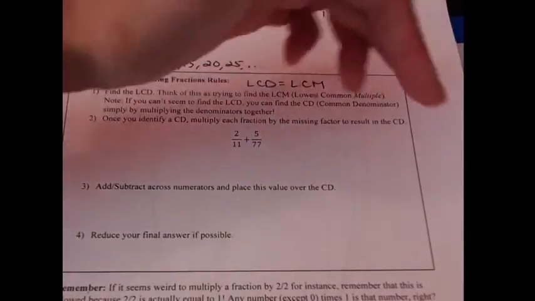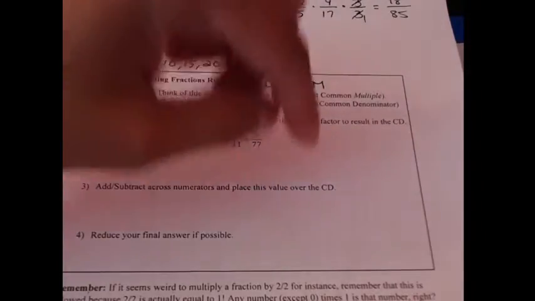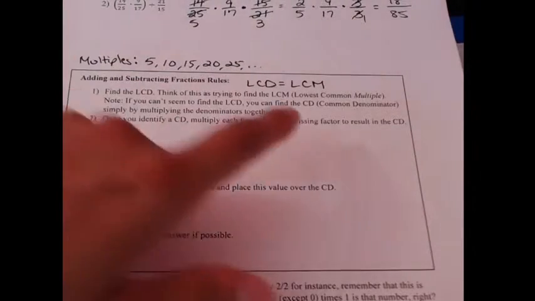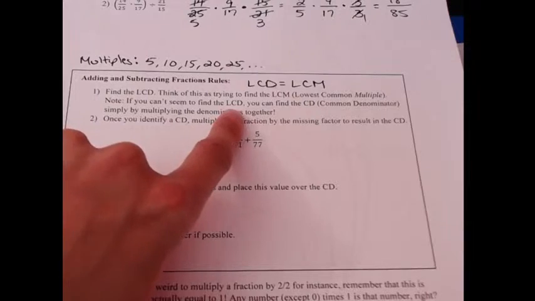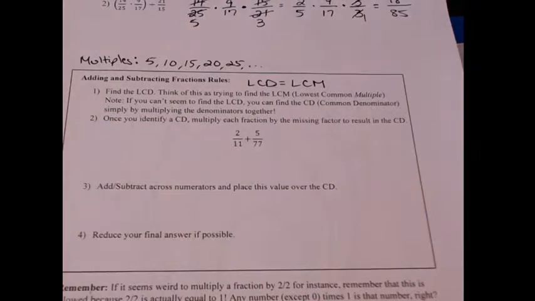Even if you have 3 fractions all being added or subtracted together, you could take the denominators, multiply them all together, and that would be a common denominator. It might not be the lowest, but it'll definitely be a common denominator because they all share it, right? If you multiply them all together, then they share the same factors. So keep that in mind if you're ever feeling stuck.